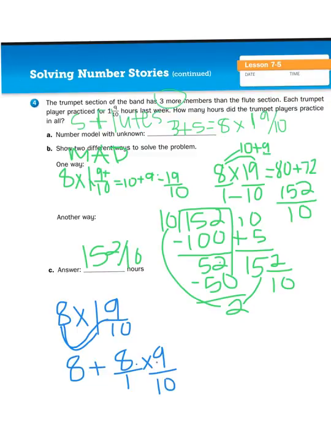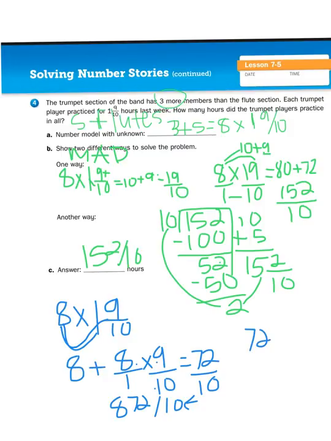Well, I know 8 times 9 is 72. And 1 times 10 equals 10. So I would have 8 and 72/10, but I can't leave our fraction like that. I need to change that 72/10 into a mixed number.